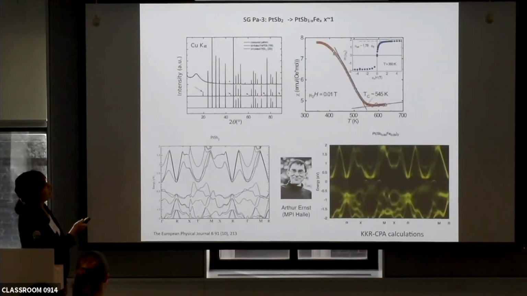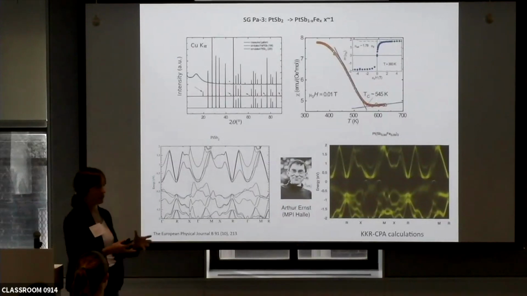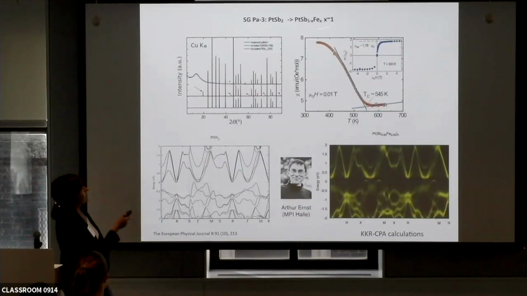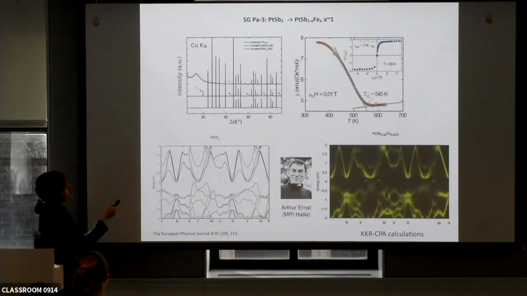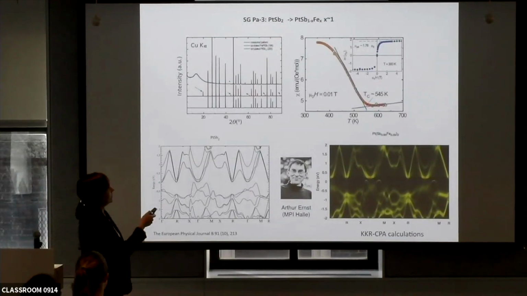Because actually, the original stoichiometric formula we were looking for was a deformation of this space group. And what is really happening is that we originally have pyrite, which is realized in this space group, contaminated by iron. So they did the hysteresis cycle, and they calculated the Curie temperature, and it's ferromagnetic.